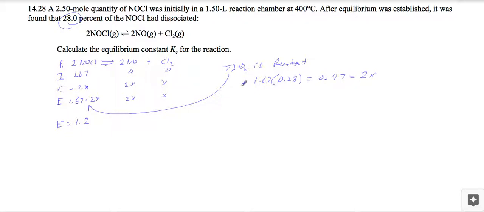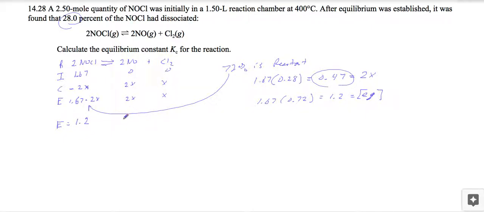We could do it this way too. 1.67 times 0.72 is equal to 1.2. That is the equilibrium concentration. So there it is. We could also again get this 0.47 from subtracting that. So the end result though is that we have to figure out how much it changed by to get this. So that's our 2x.